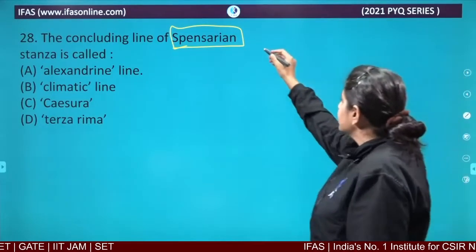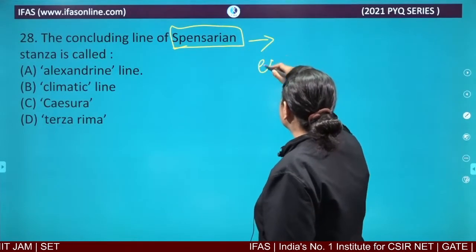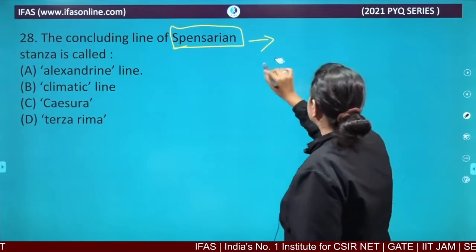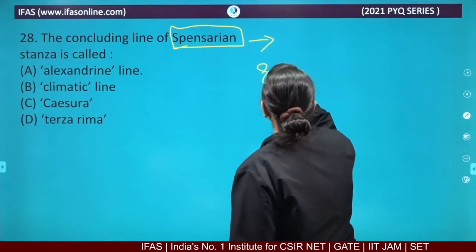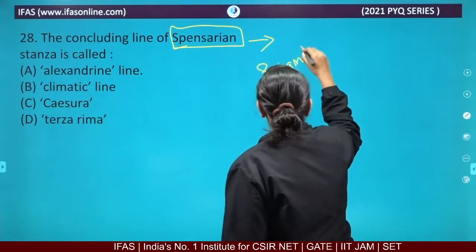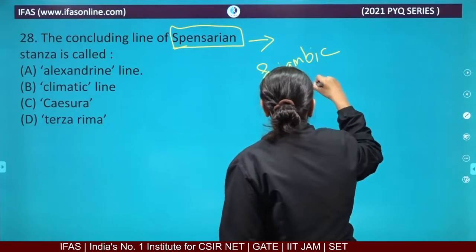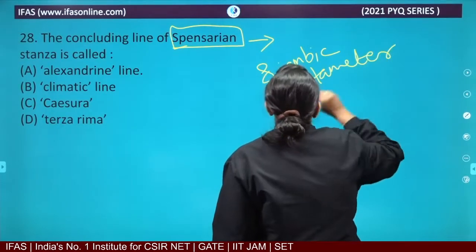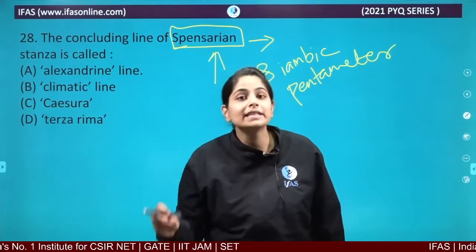Basically, the Spenserian stanza is made of eight iambic pentameter lines. The Spenserian stanza was used by Spenser.